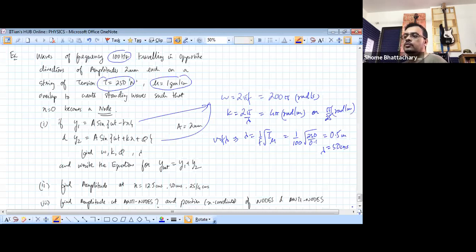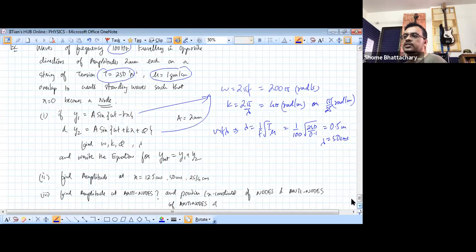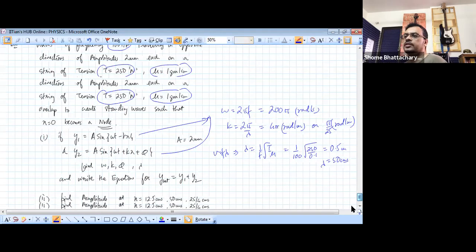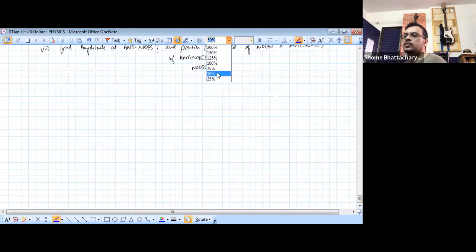Okay. So now we have come to a situation where your wave equations are like this. Your individual wave equations, y1 and y2, relate them now.